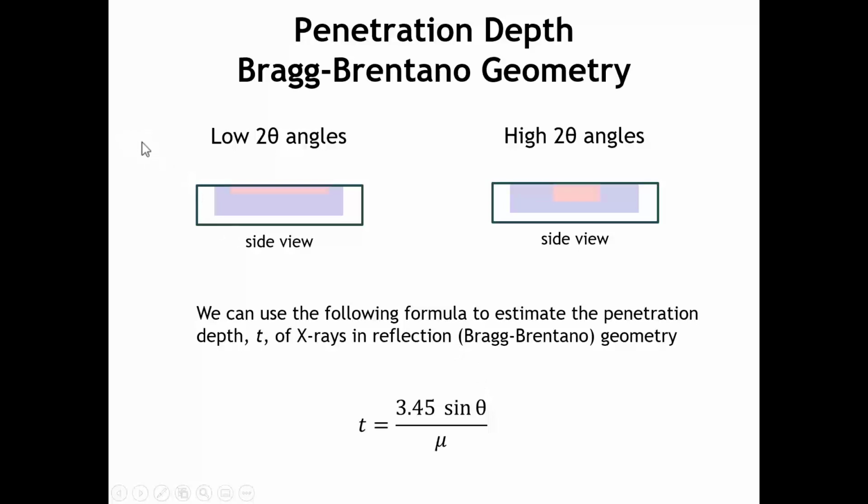When you're coming at a shallow angle, you go through quite a bit of the sample to penetrate down a little ways. And so that's why the sine theta term. When theta is small, of course, this makes the penetration depth small. As theta goes upward, approaching 90, then the penetration depth gets deeper. So for many samples we don't have to worry about this in flat plate mode, but depending on your wavelength and the density or elements in your sample, it might be something just to check.